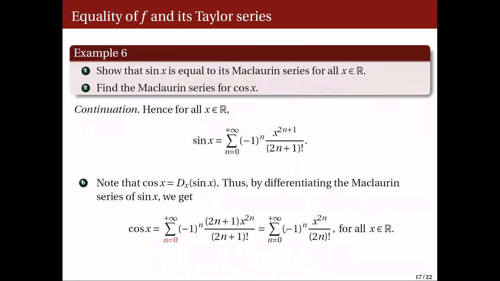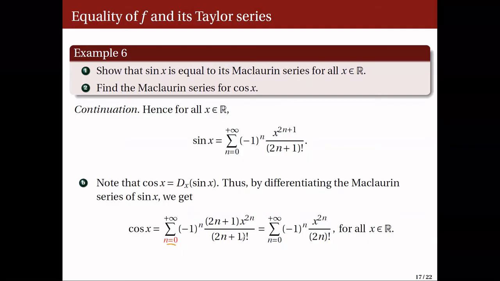Recall that when differentiating a power series, we move the index one step forward. But in this case, we start at 0 so that we can incorporate the first term of the Maclaurin series for cosine x. Note that when n is 0, this is equal to 1.